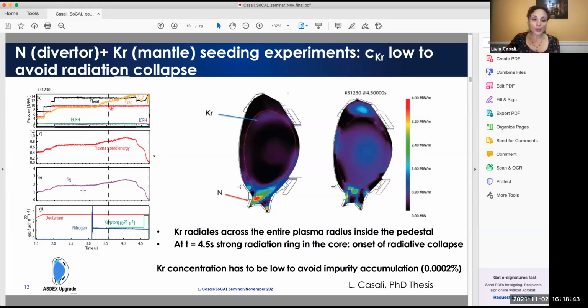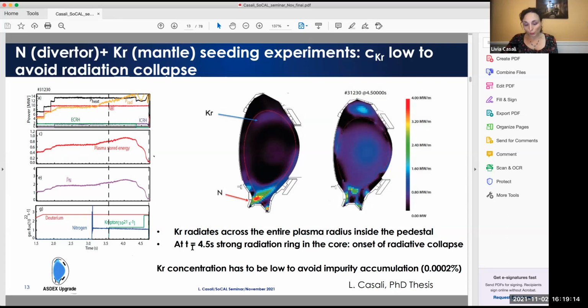And so what happened here is that when we inject krypton, which is here in green, we could still increase the plasma stored energy. However, when we attempted to increase the krypton gas puff, we started to see, and this is very clearly shown by this tomography reconstruction, that we were entering a radiation collapse.